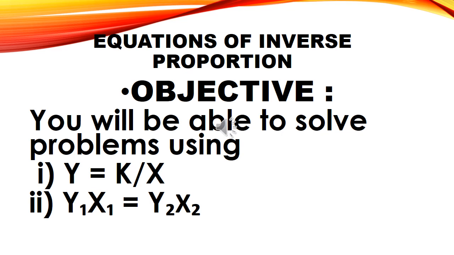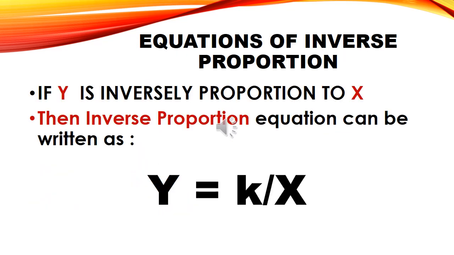Now we come to the second part of our lesson, and the objective is you will be able to solve problems using number 1, y is equal to k by x, and number 2, y1 x1 is equal to y2 x2. As all of you know, if y is inversely proportional to x, then the inverse proportion equation can be written as y is equal to k by x, and here k is a constant term.